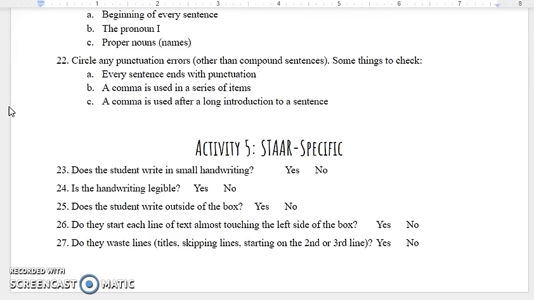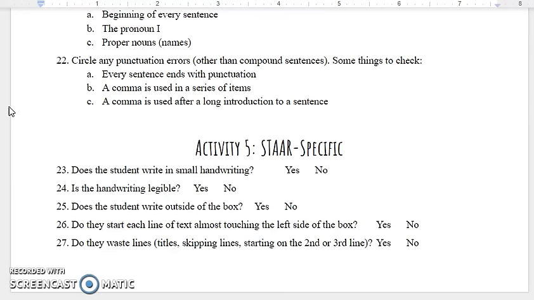Number 25, does the student write outside of the box? If you're outside of that big black thick line, that will not be graded. So any word, a letter, a period, does not count if it's outside of that big black box. Number 26, do they start each line of text almost touching the left side of the box?